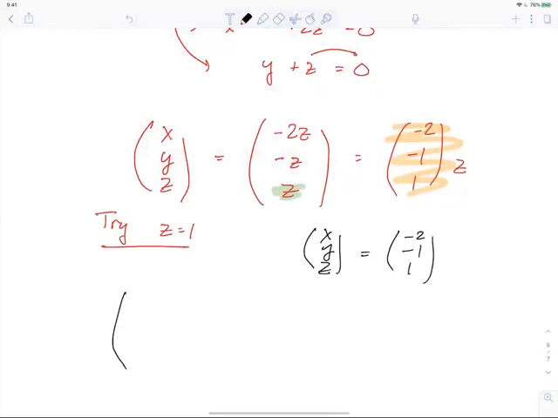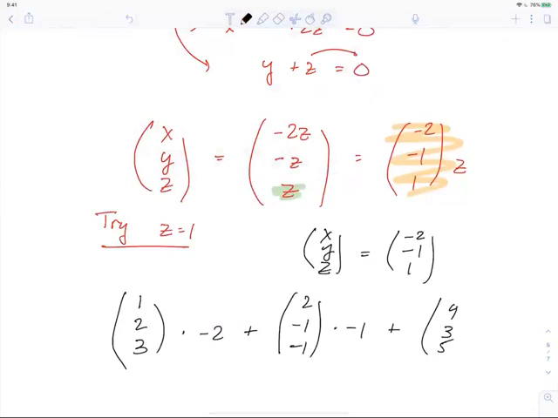So that means 1, 2, 3 times minus 2 plus 2, minus 1, minus 1 times minus 1 plus 4, 3, 5 times 1 better be equal to the all zero vector.